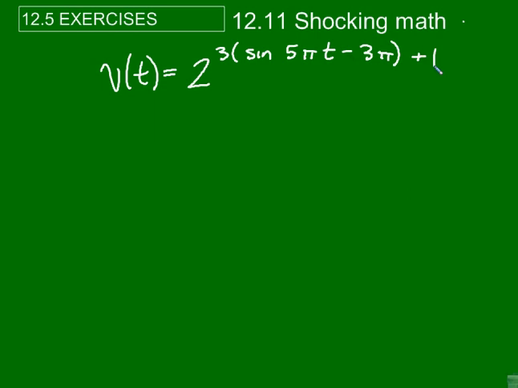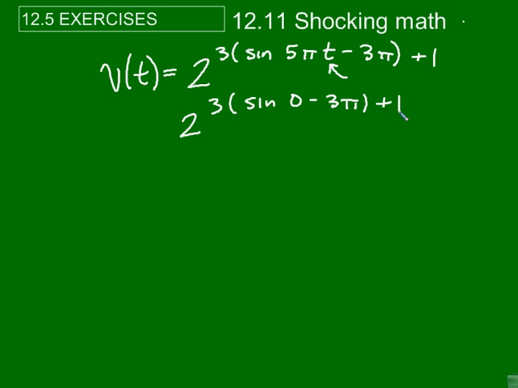Okay, well for the initial, I'm going to plug in a 0 for my t. So I end up with 2 to the 3 times sine of 0 minus 3 pi plus 1.